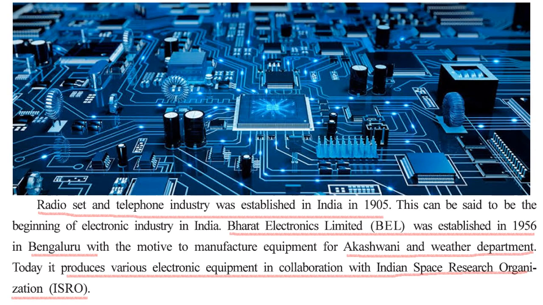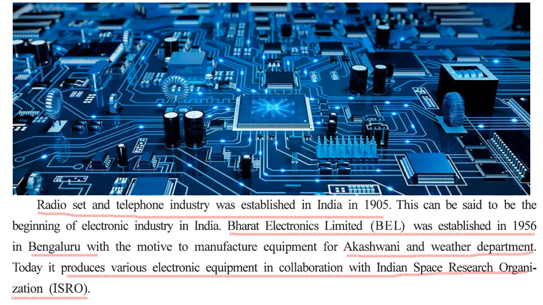Radio set and telephone industry were established in the year 1905. This can be said to be the beginning of the electronic industry in India. Bharat Electronics Limited, also known as BEL, was established in 1956 in Bengaluru. The motive for establishing BEL was manufacturing equipment for the Akashwani radio channel and the weather department.